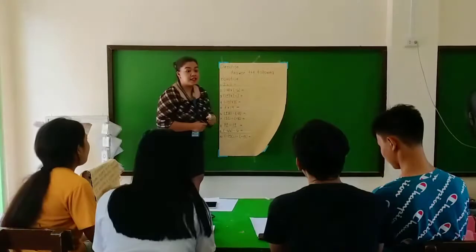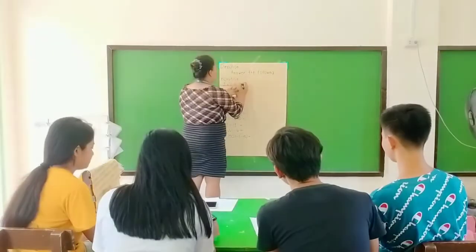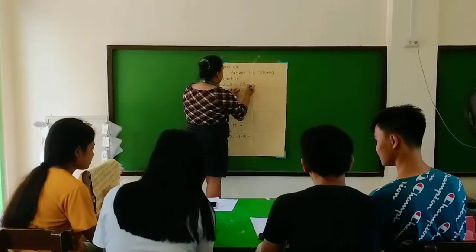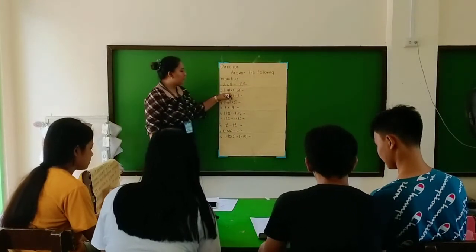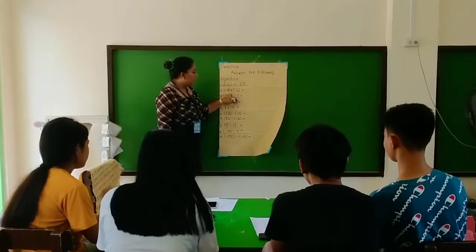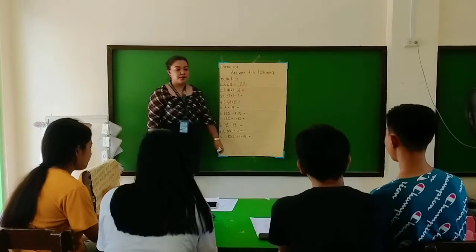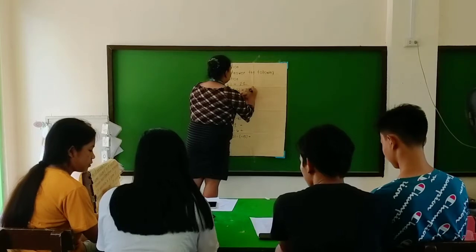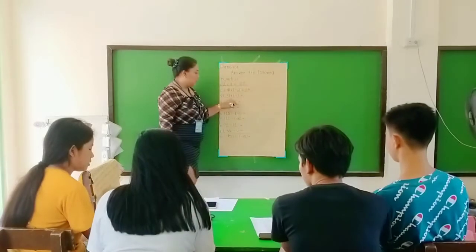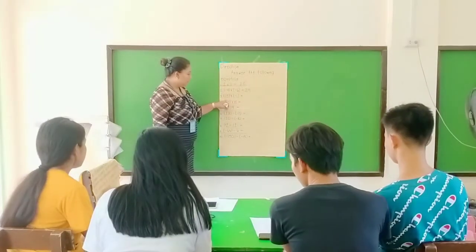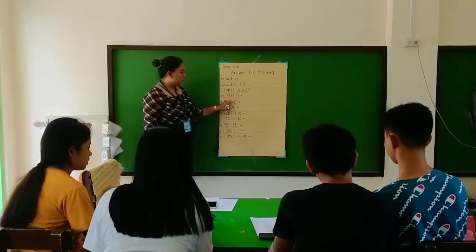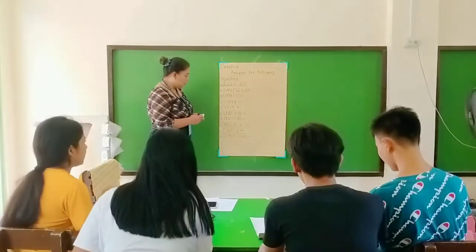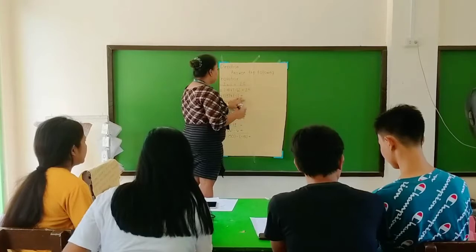22. That is positive. Okay, very good. Next is negative 4 times negative 6 is equal to positive 24. Okay, very good. Positive 15 times negative 1 is equal to negative 15.